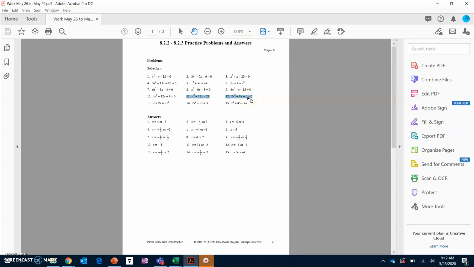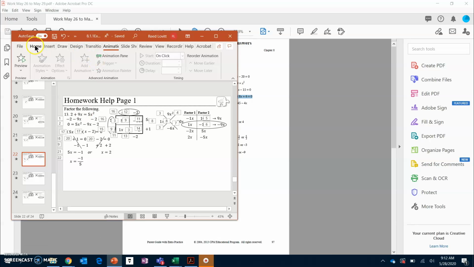This problem will be just like how we did problems 1 and 2, or problems 7 and 8. So now, moving on to the actual problems.